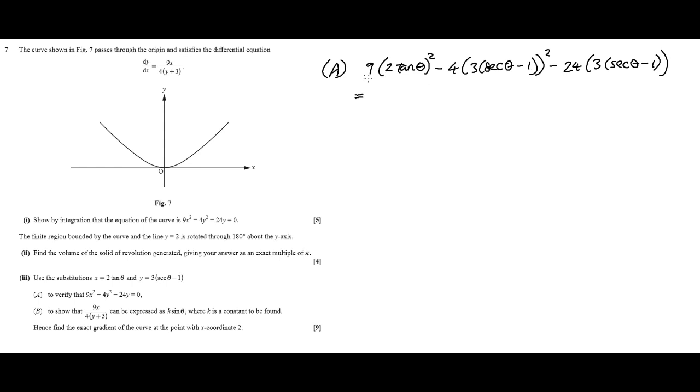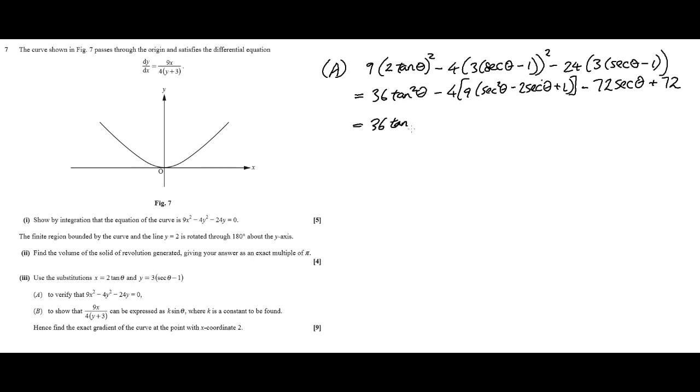We should get 9 times 4, 36 tan² theta. For the square, I suggest you take it slowly and break it down. This is 9 sec² theta, take 6 sec theta, add 1, take 72 sec theta plus 72.